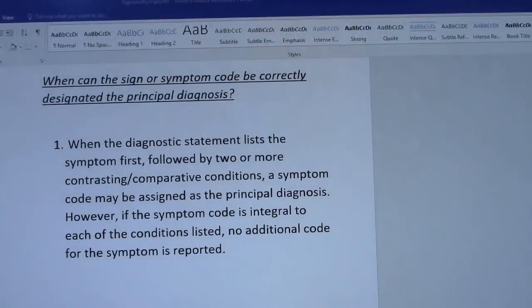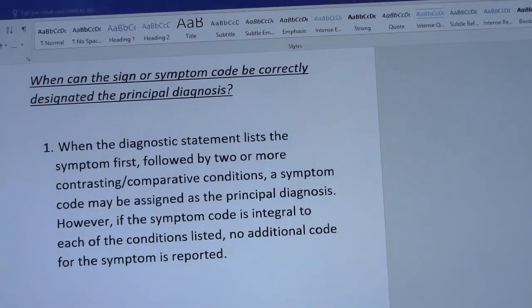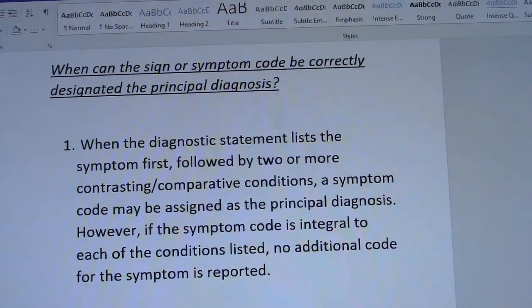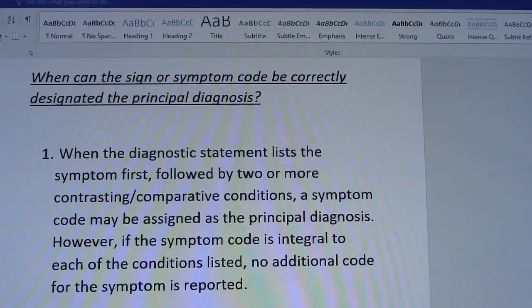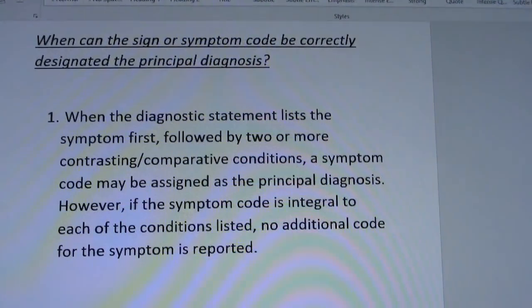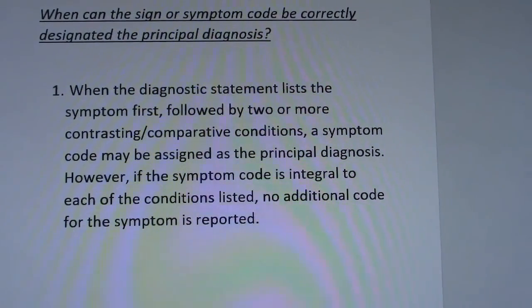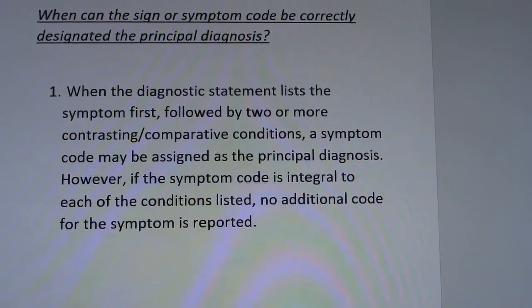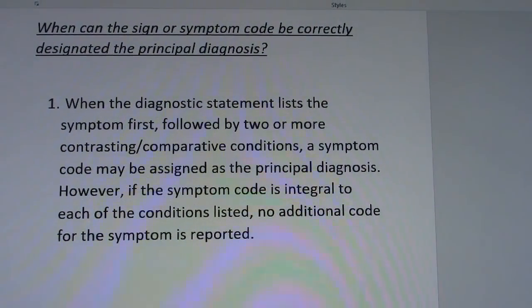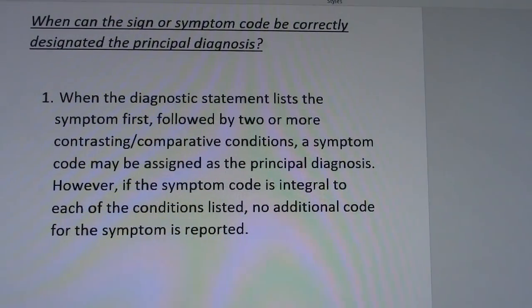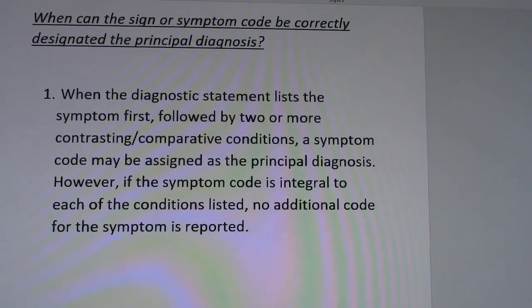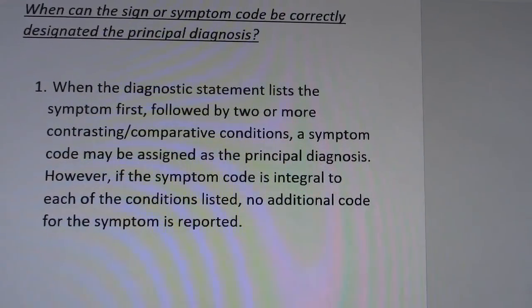I want to show you what I have typed up to explain it in detail. When can the sign or symptom code be correctly designated the principal diagnosis? Number 1, when the diagnostic statement lists the symptom first, followed by 2 or more contrasting comparative conditions, a symptom code may be assigned as the principal diagnosis.